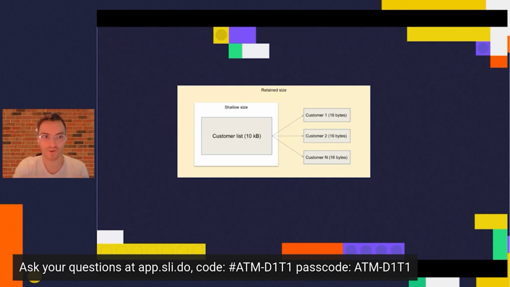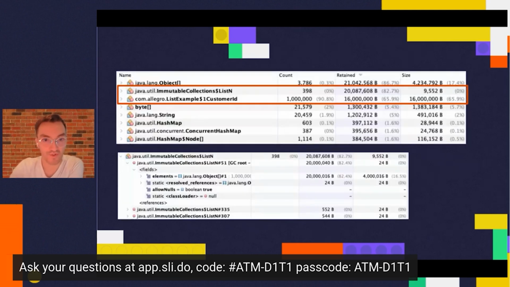So once we remove the customer list, then JVM will also remove customer 1, customer 2, and customer n because they are no longer referenced. So that's what is retained size. So looking at this the second time, we see that the retained size of our list is 20 megabytes. So we see that there's about 4 megabytes of overhead to store it.